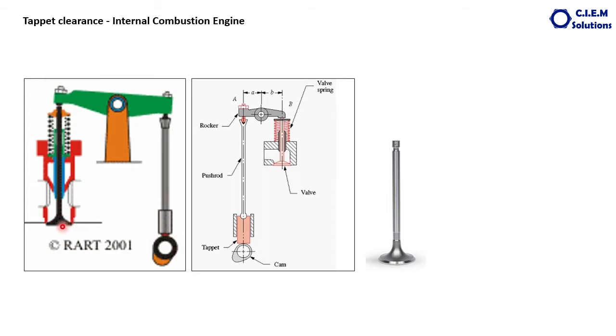But still this particular valve, because of its design, a lengthy stem with a thin diameter, expands when it faces the temperature in the combustion chamber. So when it gets heated, the length of the stem of the valve is increased.